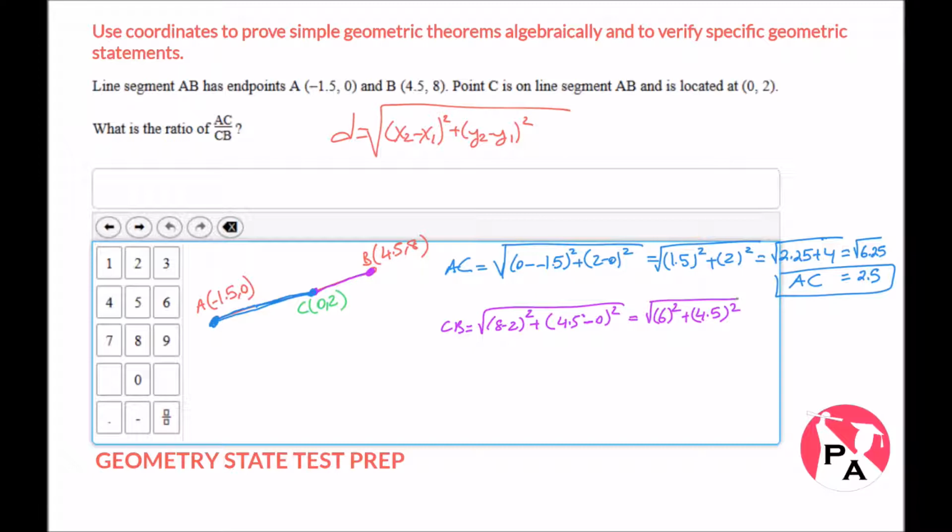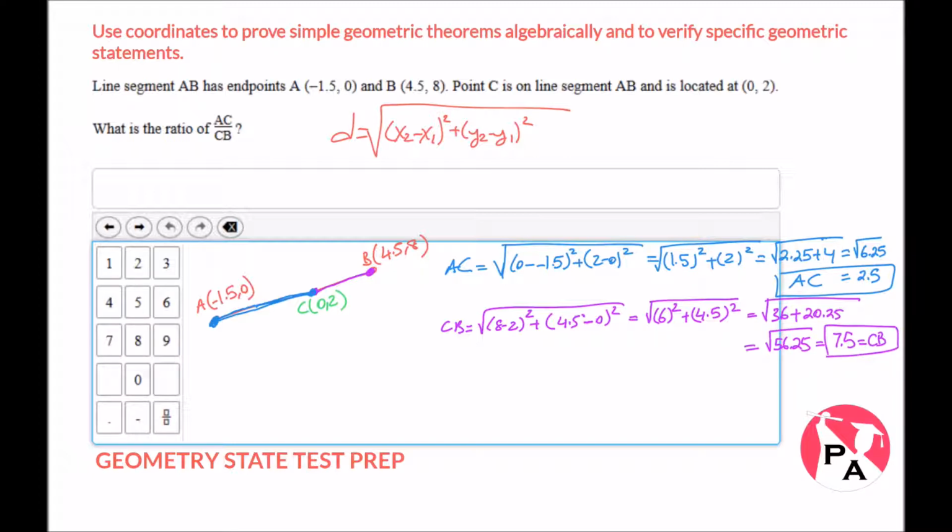We are going to square that number. 6 squared is 36. 4.5 squared is 20.25. If we add these two numbers, we get the square root of 56.25. If you simplify the square root of 56.25, you get 7.5 for the length of CB.